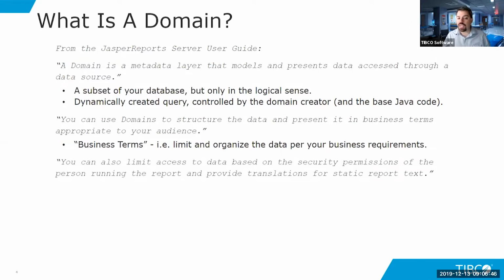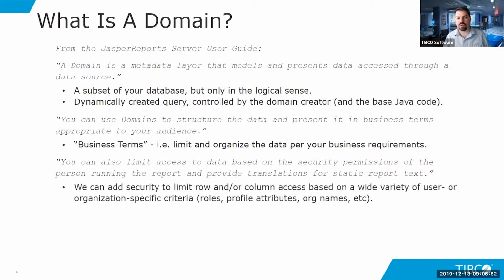You can also limit the access to the data based on the security permissions of the person running the report and provide translations for static report text. So what does that mean? We can add security to our domains to limit the row and or column access based on all sorts of things on the user. You can have their roles, their profile attributes, their organization names.